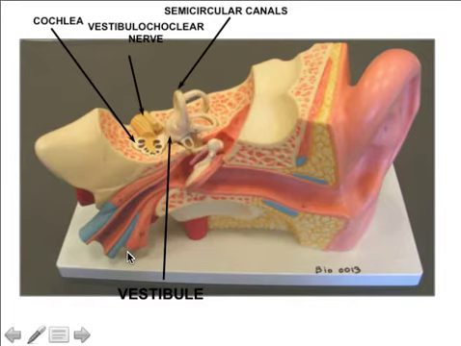This is the organ that allows us to stand up straight and to walk and perform activities in a purposeful manner. If we didn't have a functioning vestibule or semicircular canal, the slightest movement would produce disorientation, nausea.